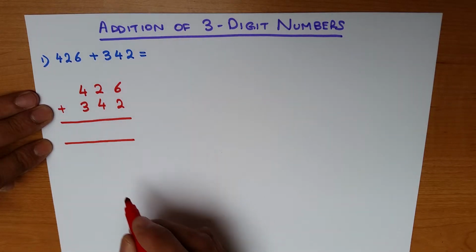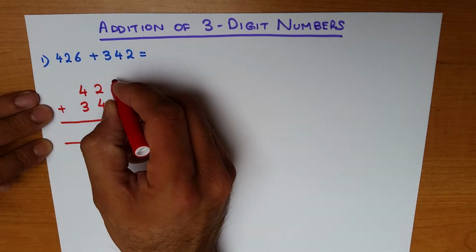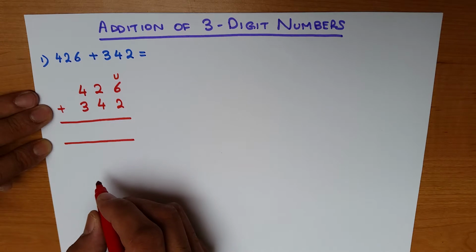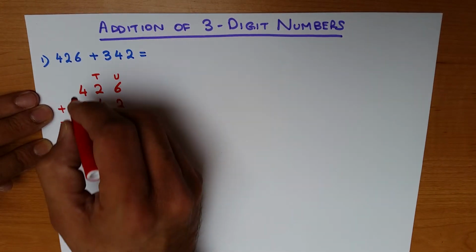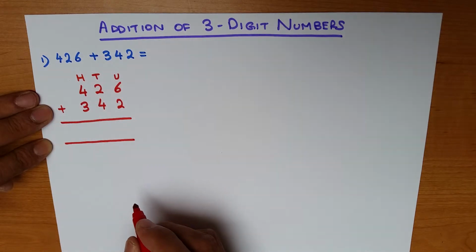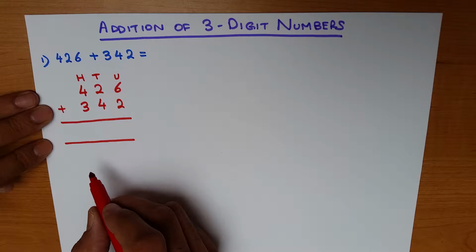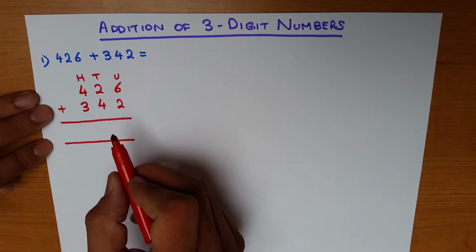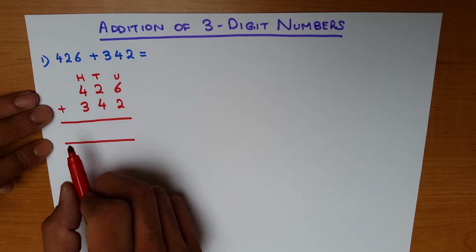Nice, neat columns. That is the key to this. Now we can label these columns as units, tens, and hundreds. And in the vertical format, what we do is we add the numbers column by column by column.